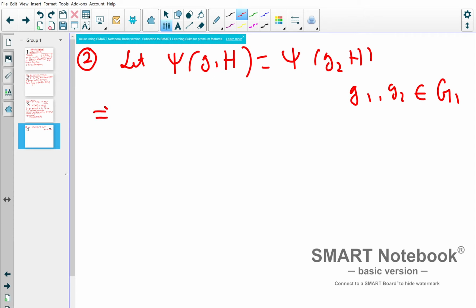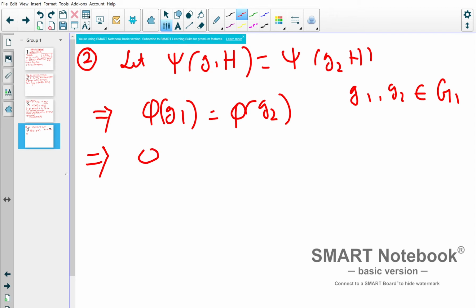By definition, this means psi of G1 H equals phi of G1 equals phi of G2, right? Clear? Now you know that phi of G1 and phi of G2 are both elements of G2, so they have inverses.